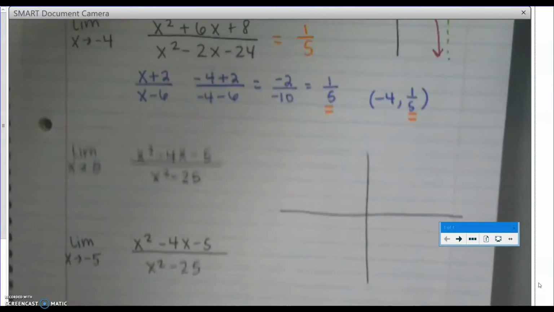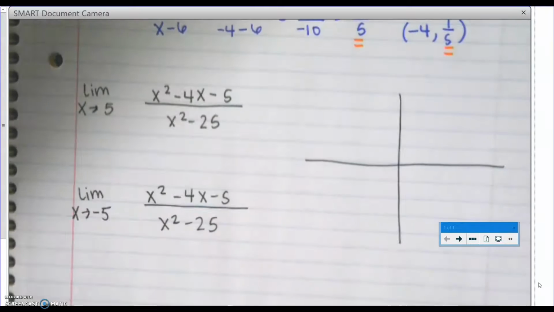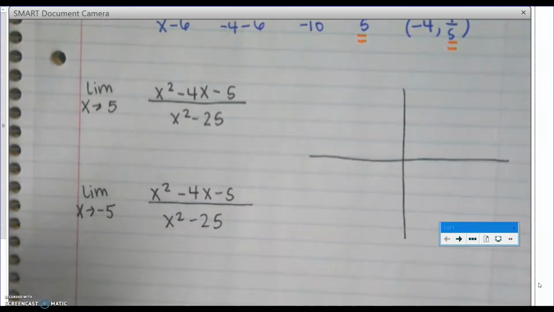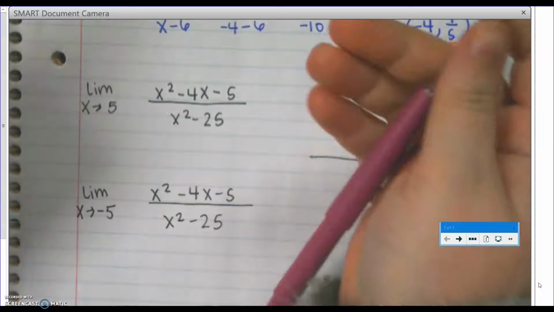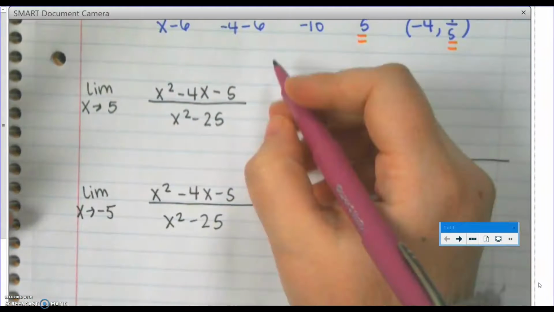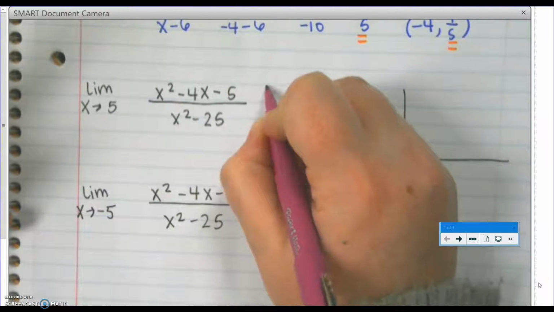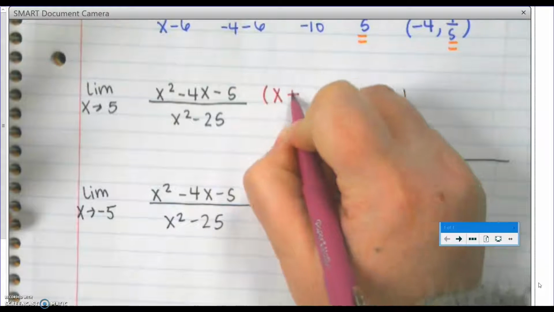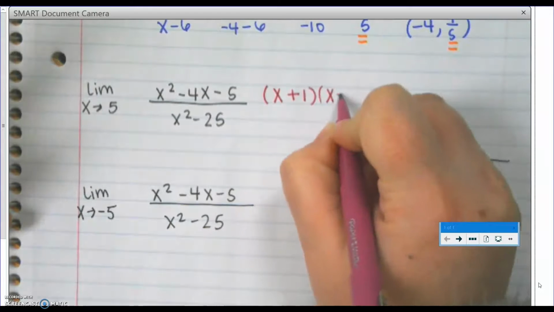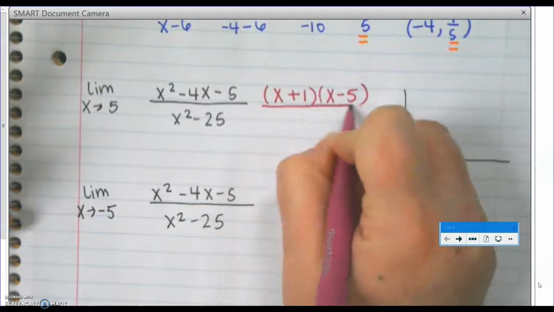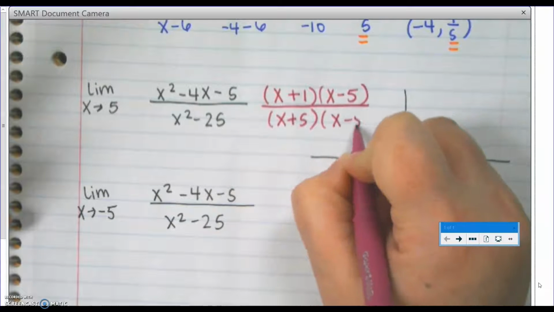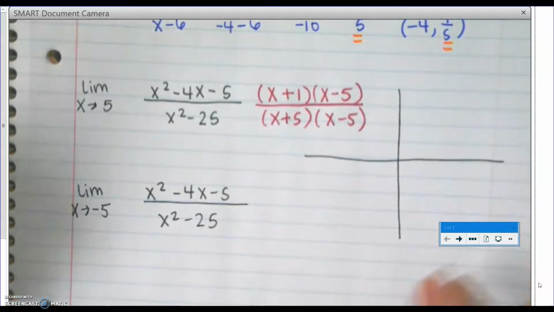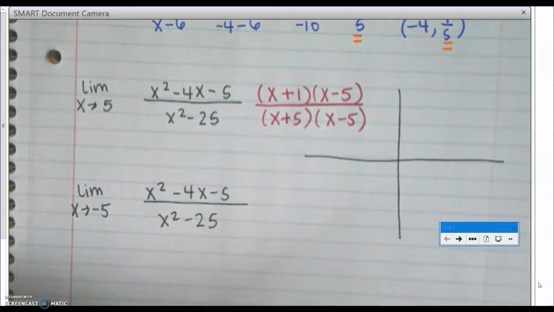All right, so here's another example. Again, this is the same expression, and I'm finding two different limits. So I want the factored form. I wish I had a little bit more room on this one. So this factors into x plus 1, x minus 5. That factors into x plus 1, x minus 5.